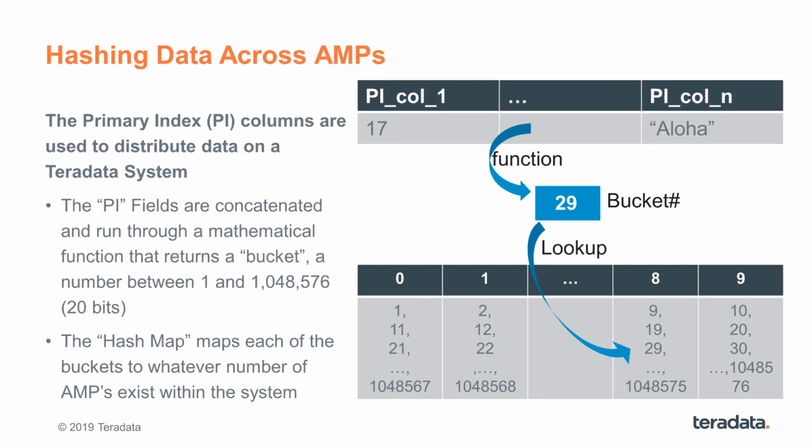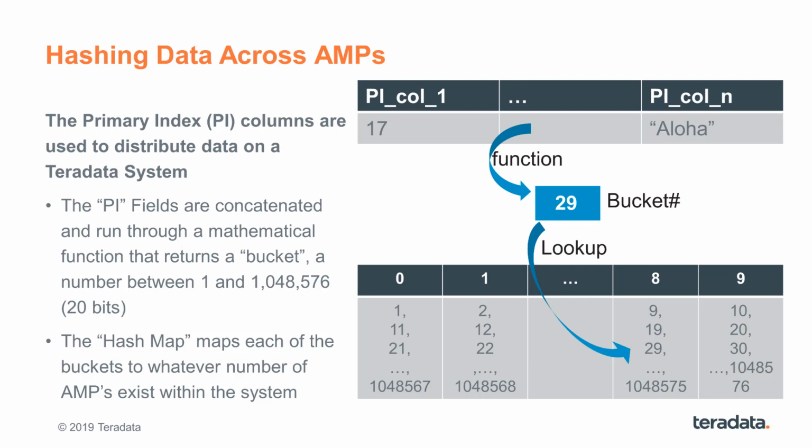I want to point out implications for three operations that are important for the comparison of our options later on. First, as long as the request contains all the PI column values for a table, Teradata knows which amp owns it. The request becomes a single amp operation.